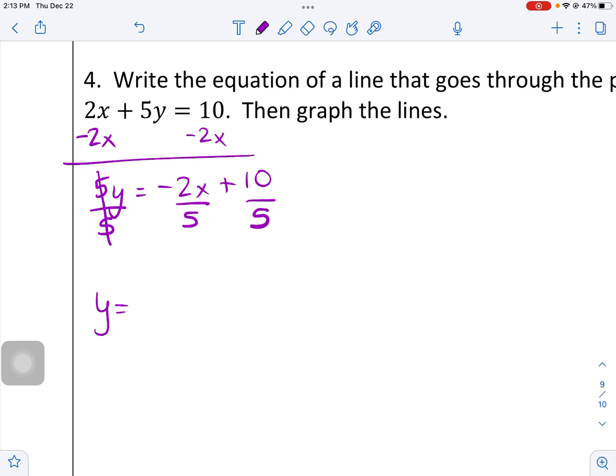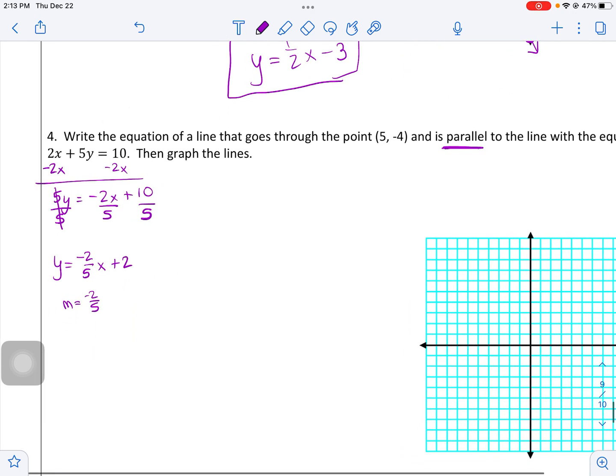Divide by 5 on each little piece here. You get y equals -2/5 x. Then 10 over 5 is 2. So there's the equation of the line. This slope is -2/5. I want a parallel slope, so my parallel slope is also -2/5. I have the coordinate point right here, so my x value is 5, my y value is -4.